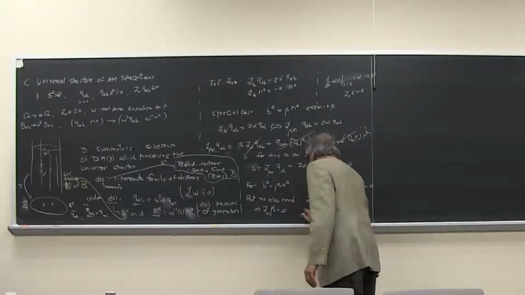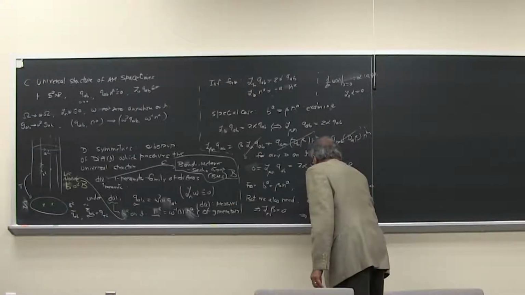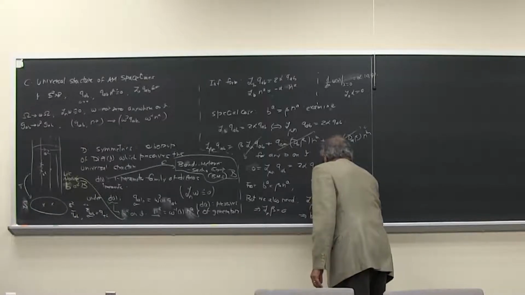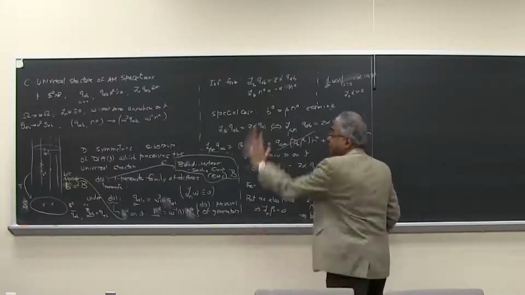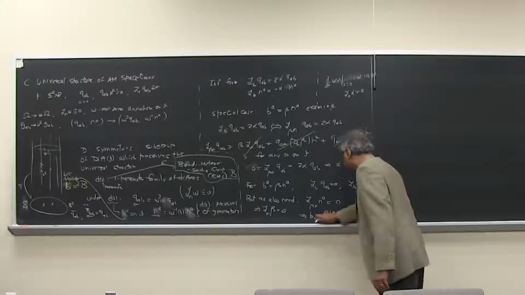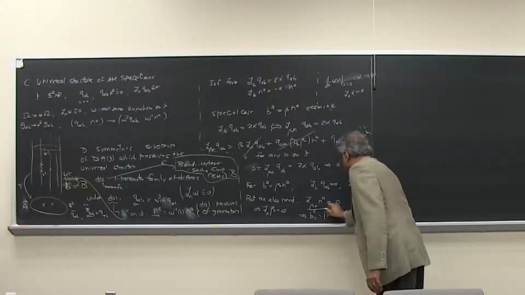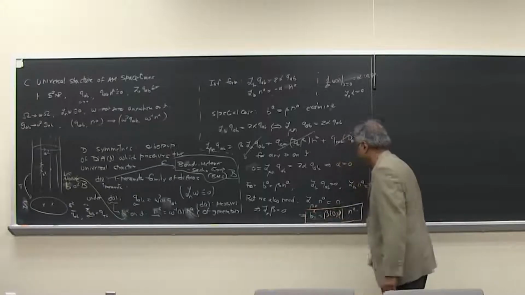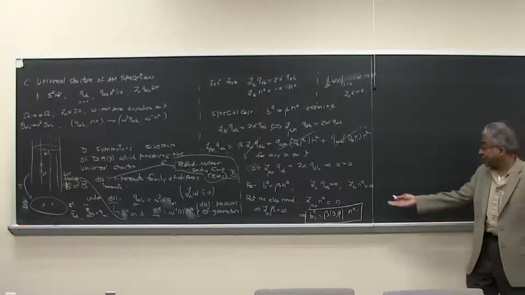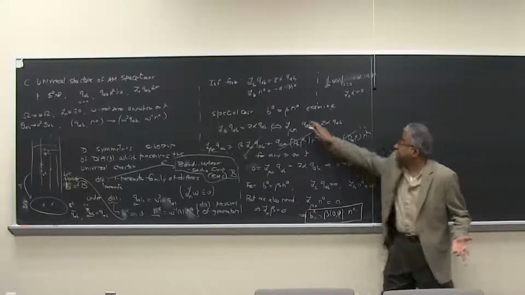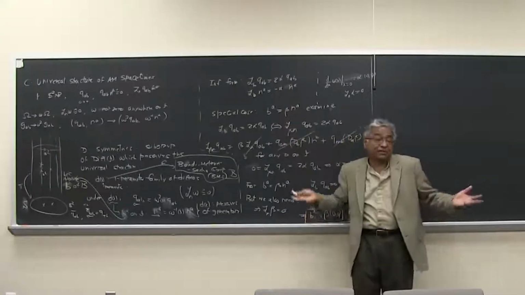So this just means that BA is equal to beta, which just depends on theta and phi and does not depend on u, times n. If BA is of this type, then it satisfies this condition, it satisfies this condition, and we're done.